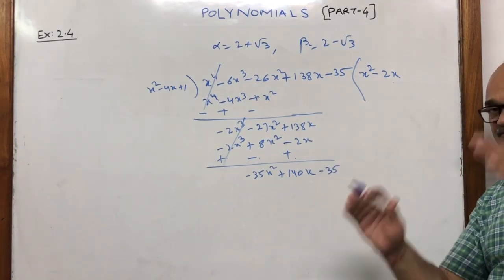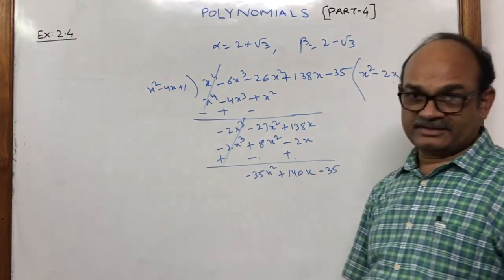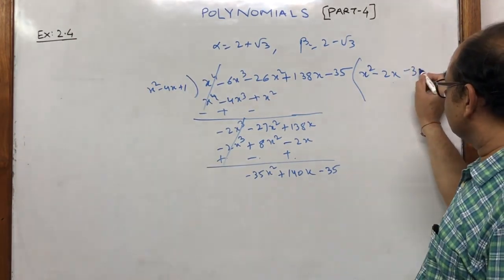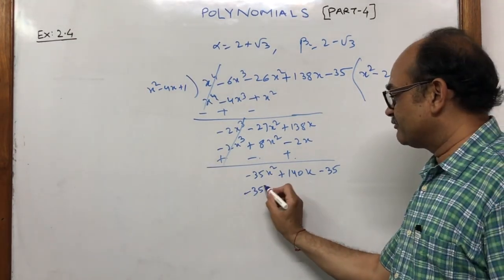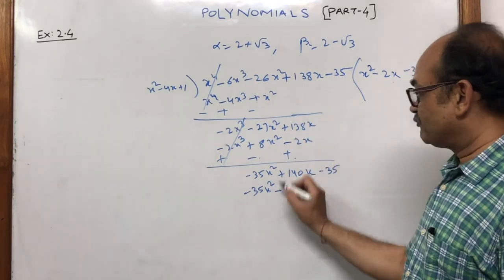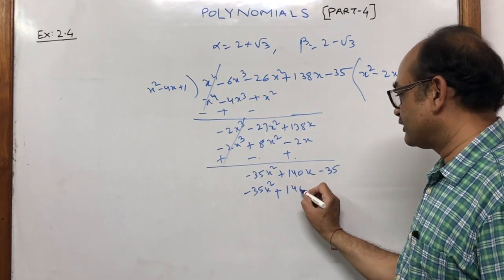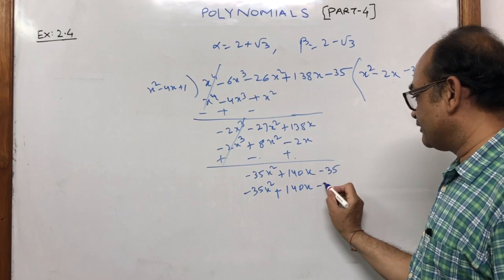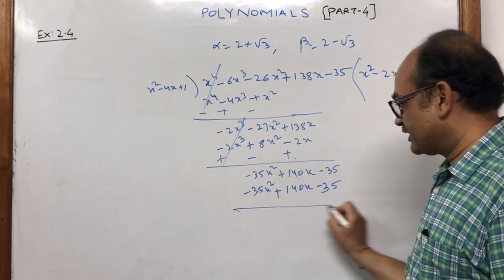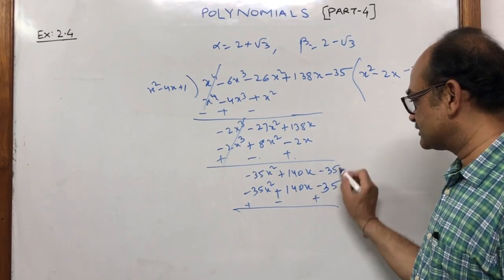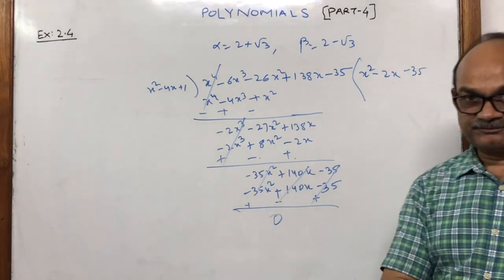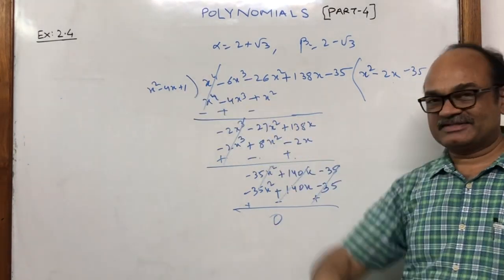We need minus 35x square and we have only x square, it means minus 35. Minus 35x square, 35 into 4 is 140x, minus 35. What are we getting? Plus, minus, plus. Cancel, 0. Because we know that this one is a factor, the remainder has to be 0.